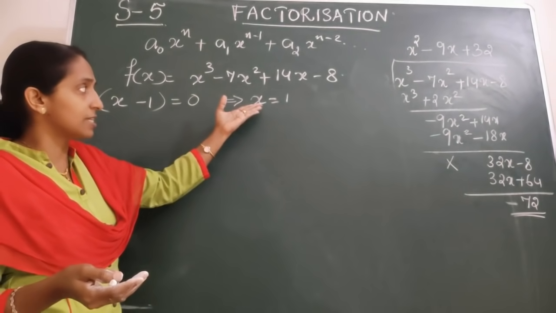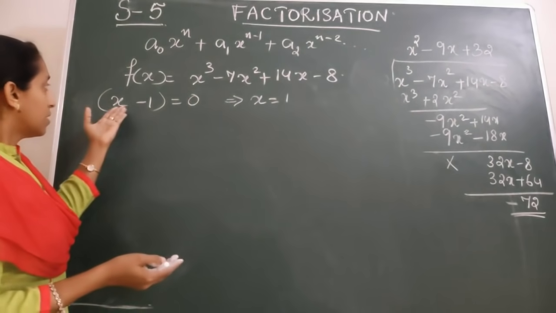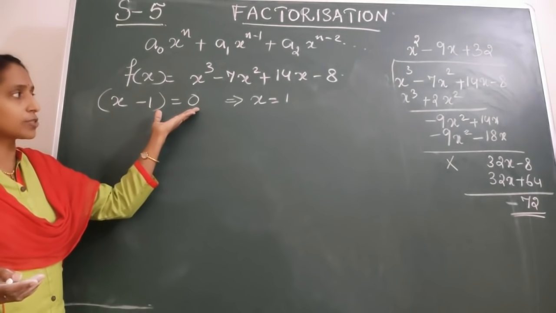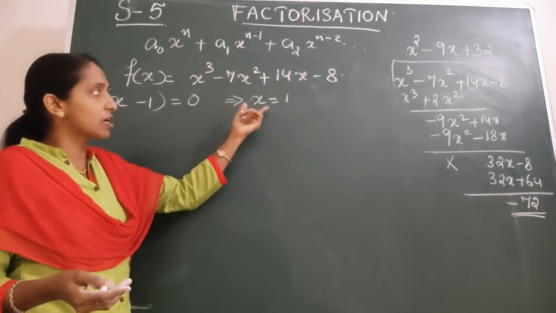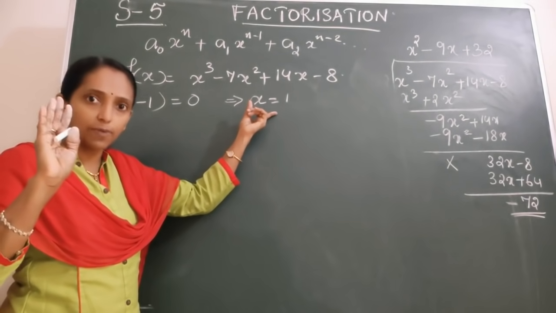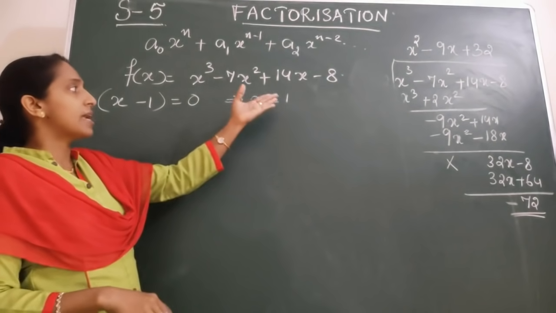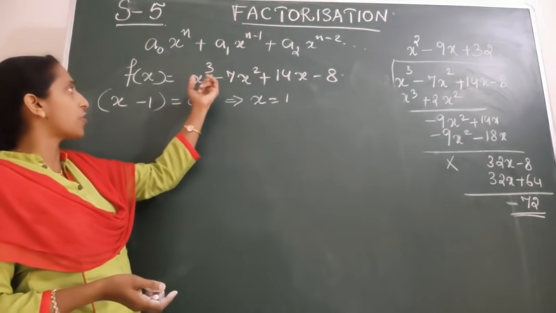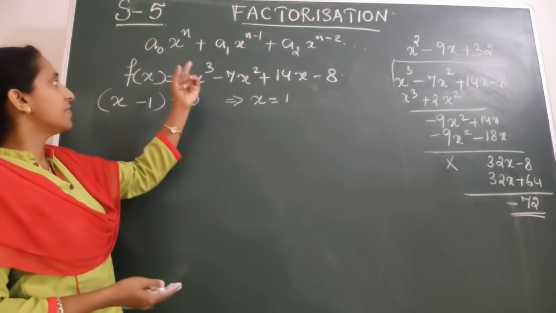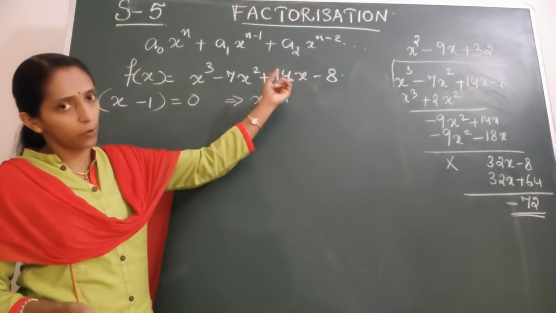While teaching that, I told you we will equate it using the zero product rule, and whatever value comes for x will be the root of the equation. Here also the same concept. X equal to 1 will be the root of the polynomial if it is a factor.